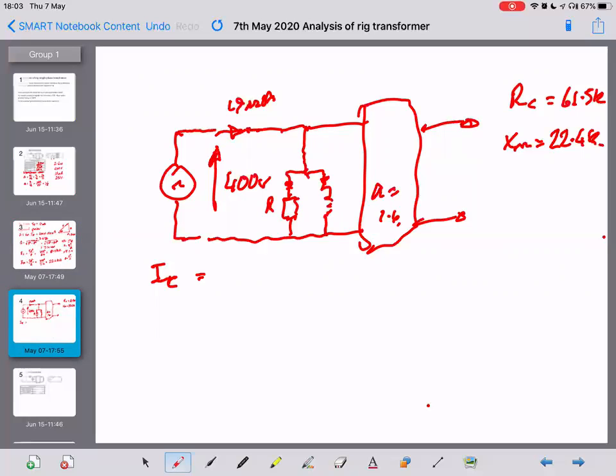You ought to know that by now, boys. I is equal to V or EP over R, isn't it? It's 400 divided by 61.5 times 10 to the 3 equals.